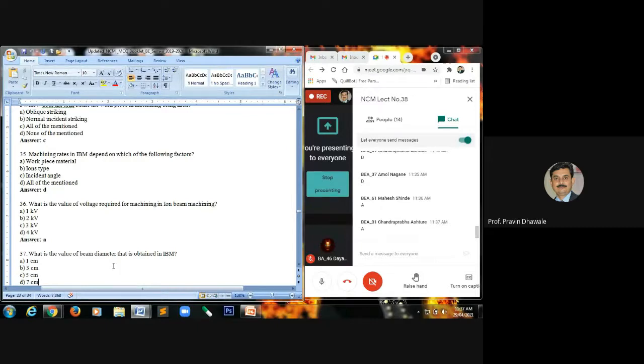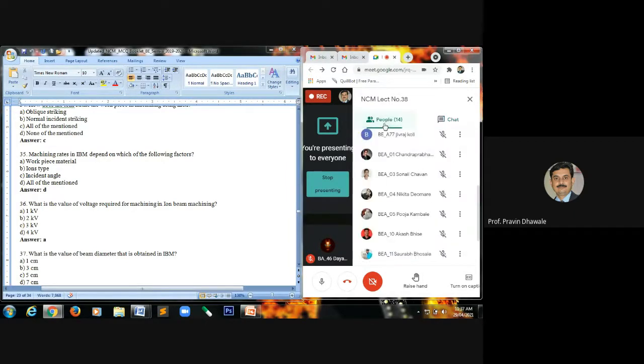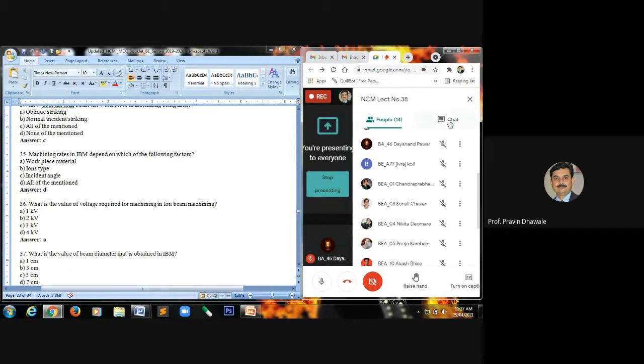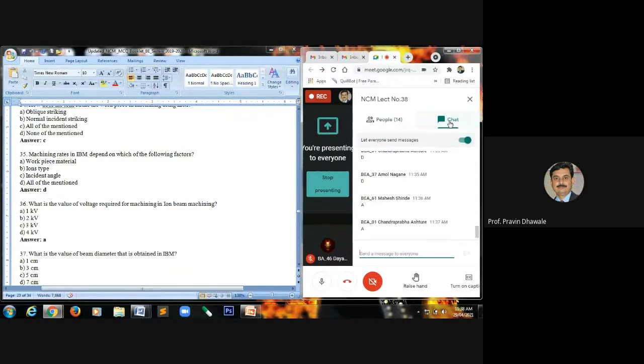Now, what is the value of beam diameter that was used or obtained in an ion beam machine? 1 centimeter, 3, 5, 7. Akash, Pooja, Nikita, give the option. That is the answer given by Mahesh. Okay.